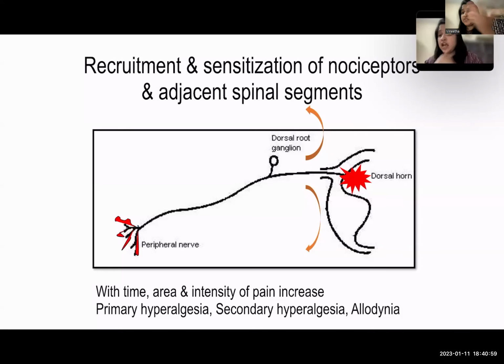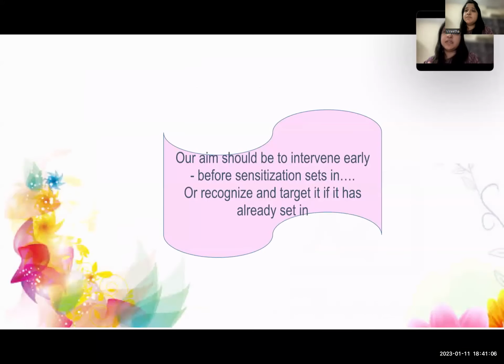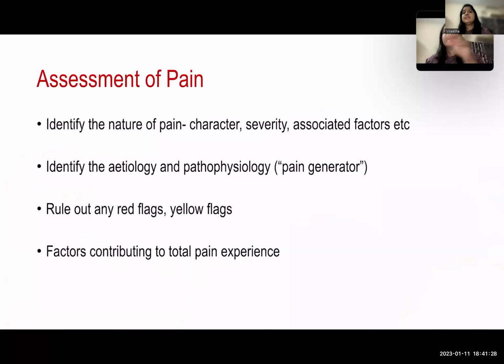So after this class, even if you forget everything else, don't forget the importance of sensitization, because as pain and palliative care physicians, our aim should be to intervene early before the sensitization sets in, or if it has already set in, then please recognize and target it accordingly. Okay, that should be our role. So that ends the physiology and pathophysiology of pain.